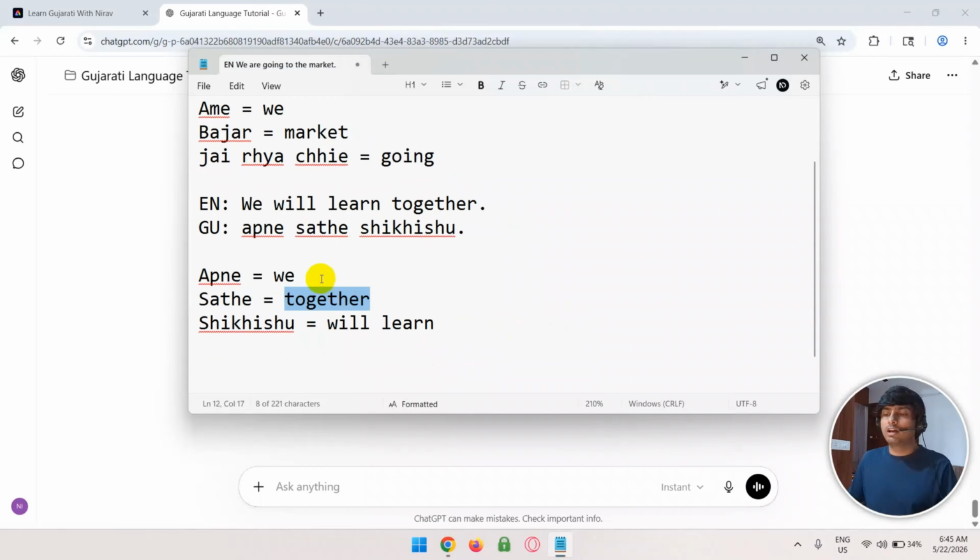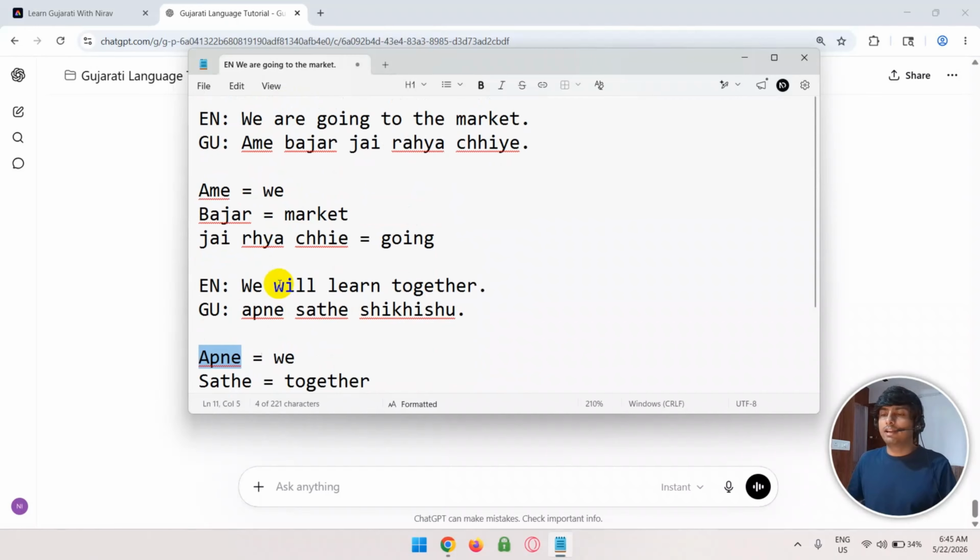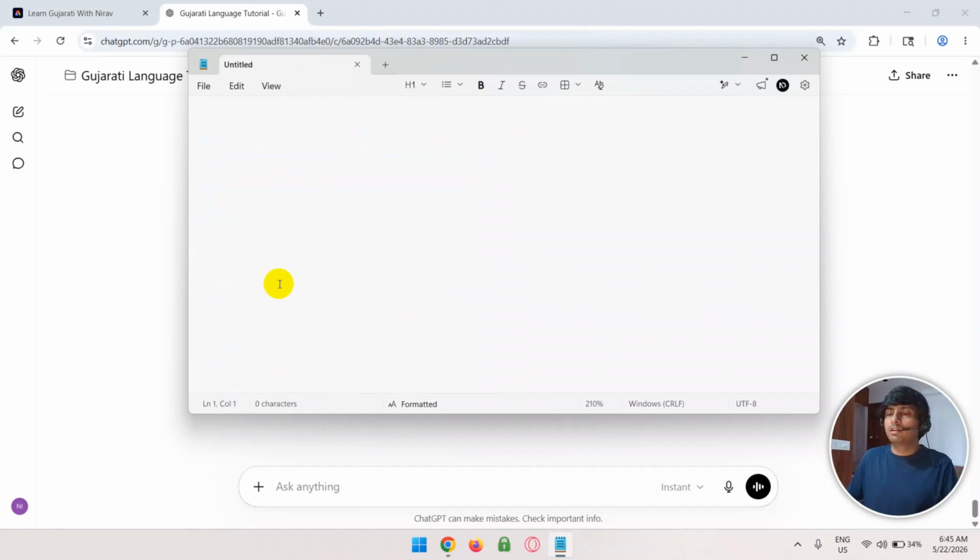So this is how there are two different meanings of we: ame and આપણે. So this is how we use these sentences and words in Gujarati.